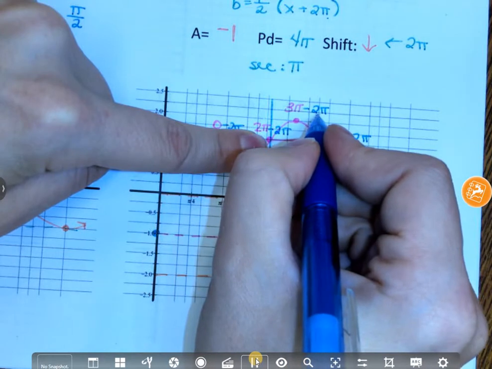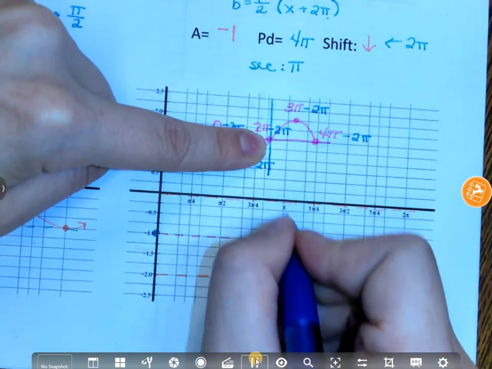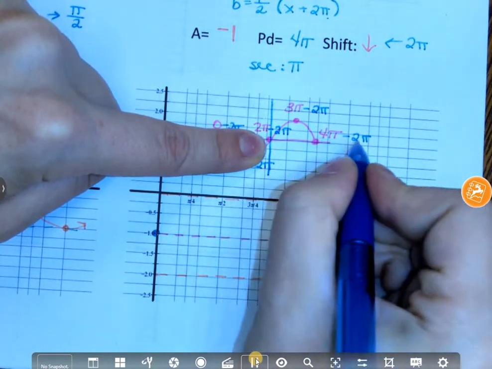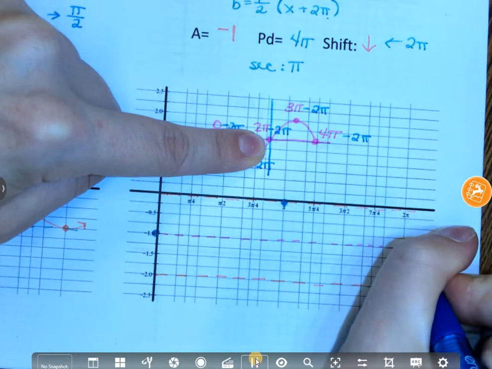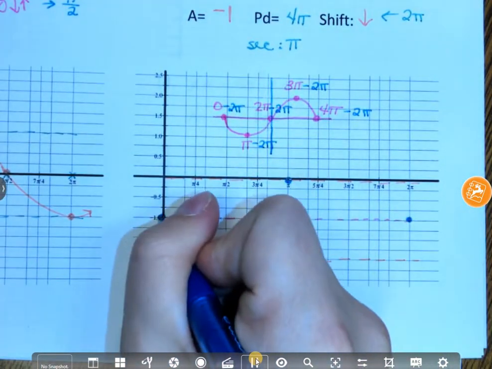3 pi minus 2 pi? So at pi, I am top, middle, or bottom? 4 pi minus 2 pi? 2 pi, I'm in the middle.